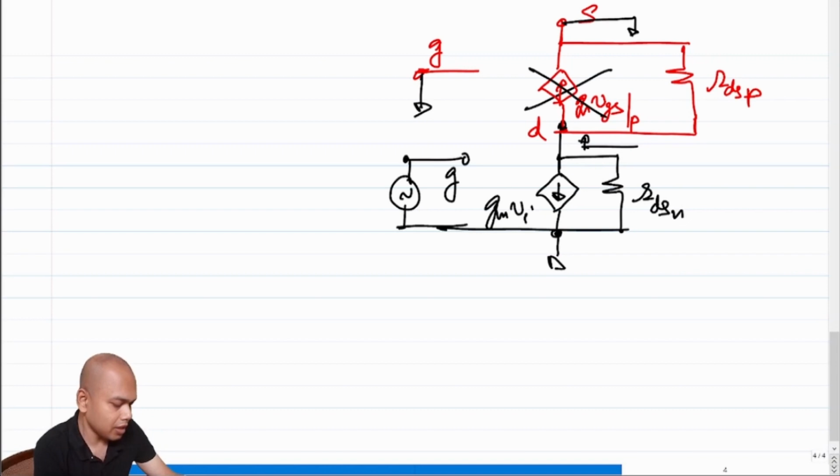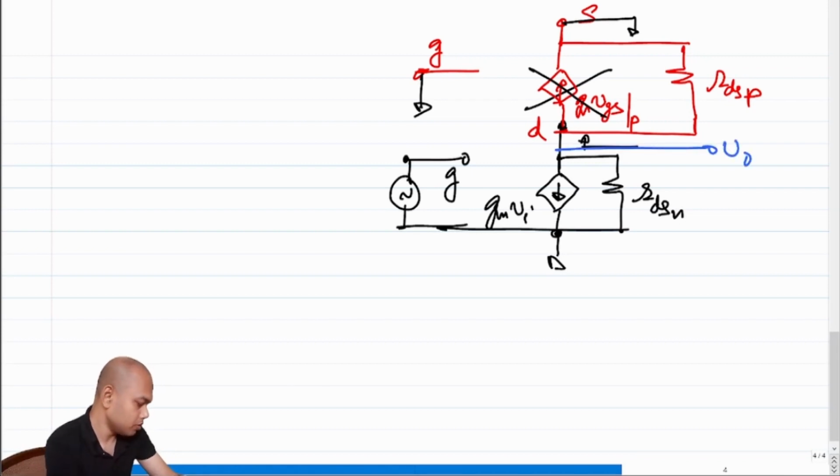If this guy goes off, what do you think will be the voltage at this node? If I simplify this circuit, and I should say this is the gate of P, what do I get?